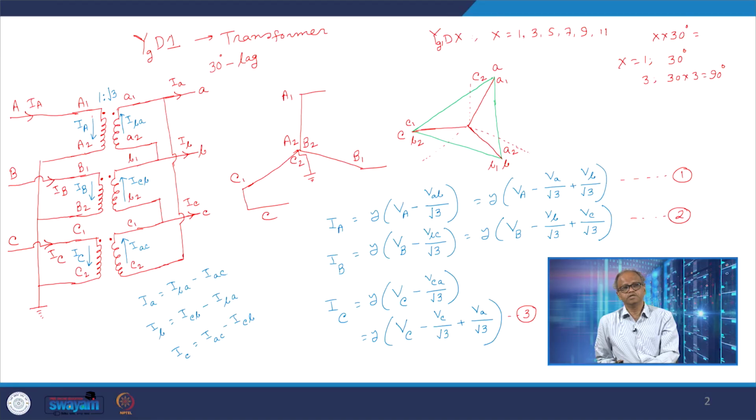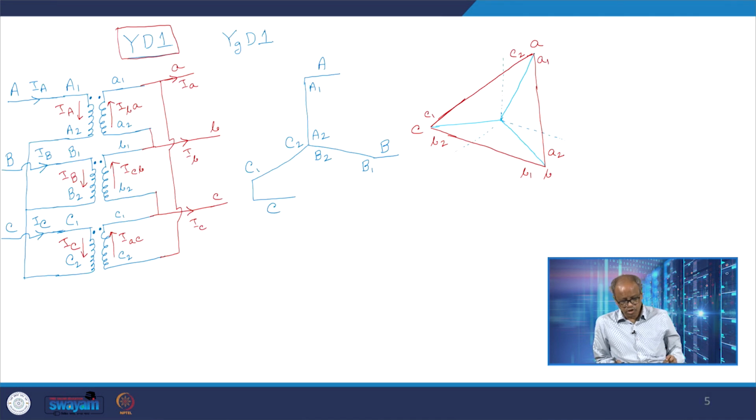Therefore we really cannot write these equations for the current IA, because the voltage at the neutral point is unknown. So we have to do something such that this voltage at the neutral side gets eliminated. That process makes this analysis more complicated, and also much more interesting.